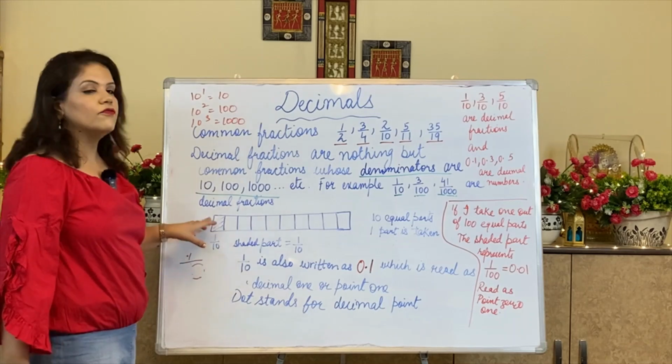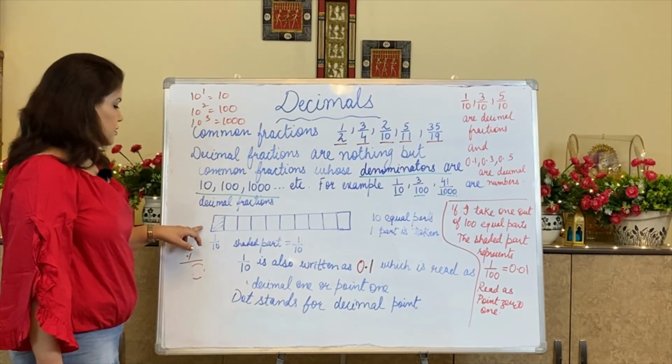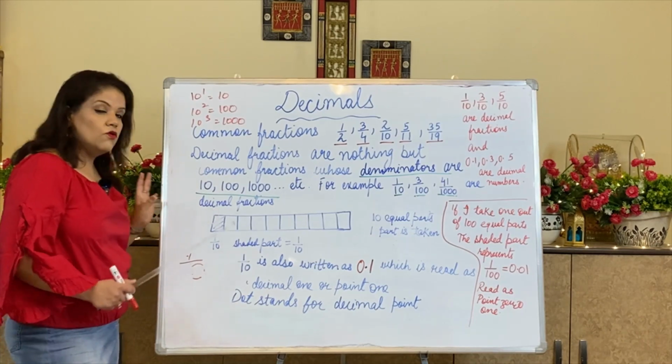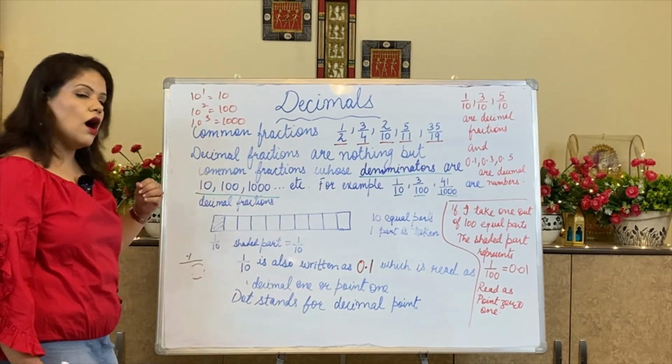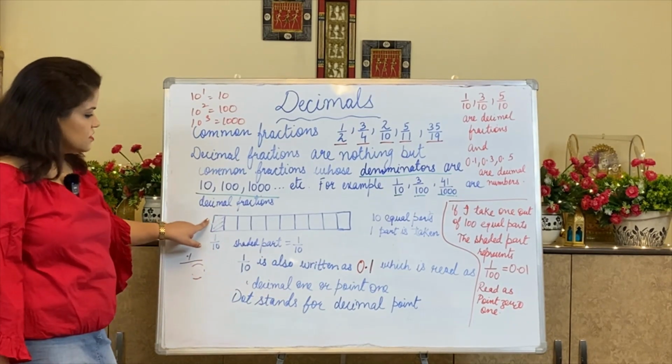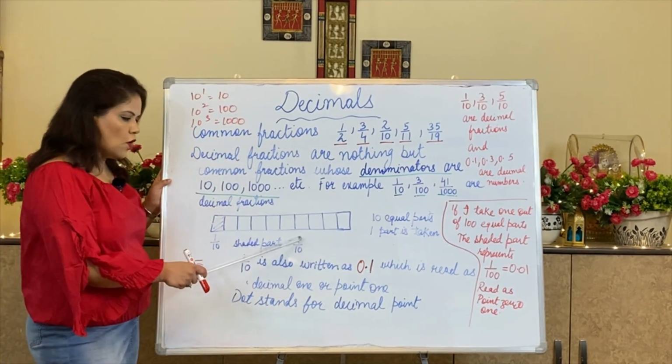So that's why I have taken 10 parts. Now if I take this shaded part, 1 out of 10, how will it be represented as a fraction? 1 by 10. That means this shaded part is represented as 1 by 10.